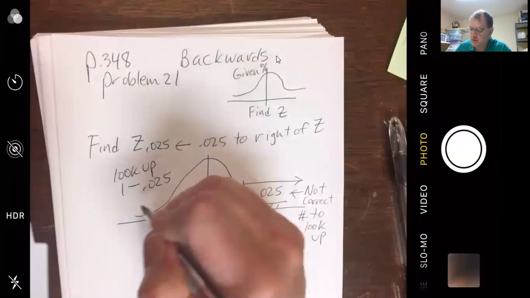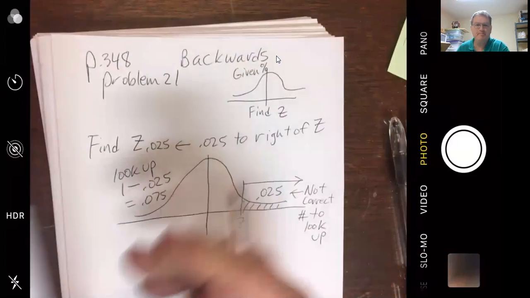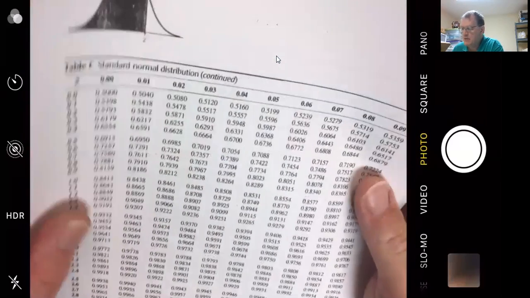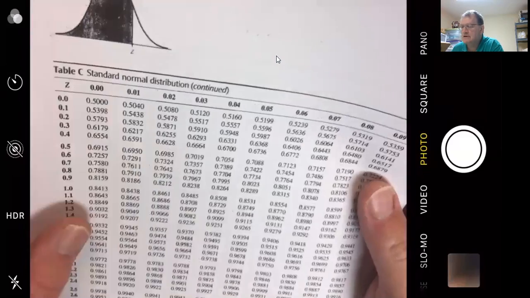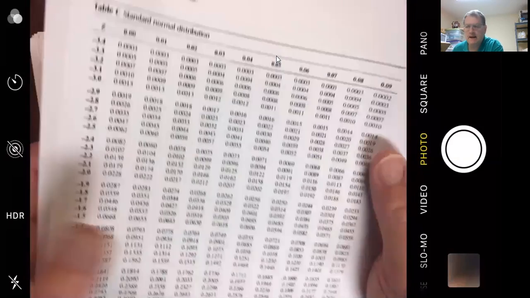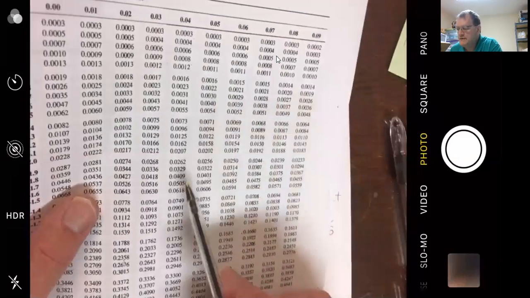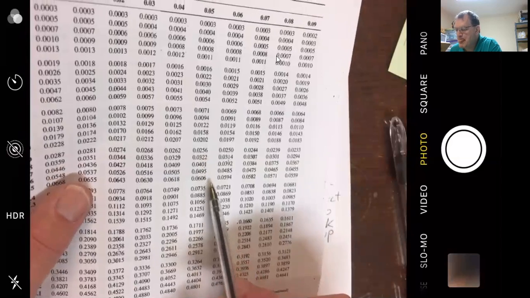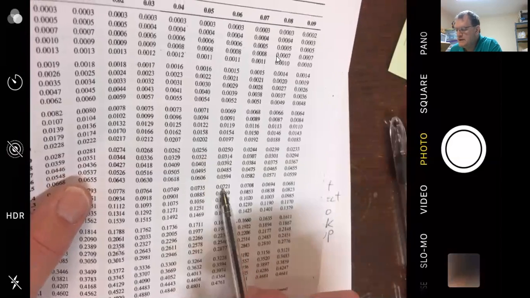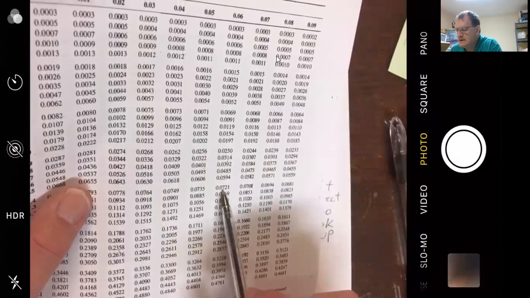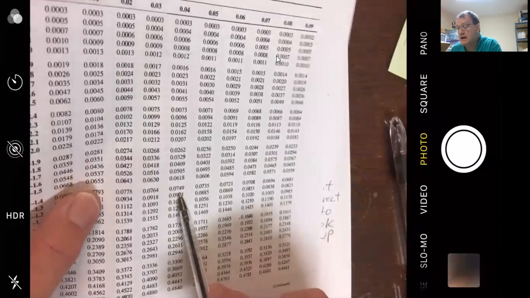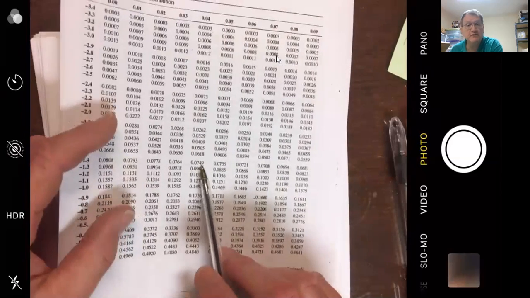So we look up 1 minus 0.025, which is, I first said, 0.075. Now that will be on this page, actually first page, 0.075: 0.0721, then 35, then 49.